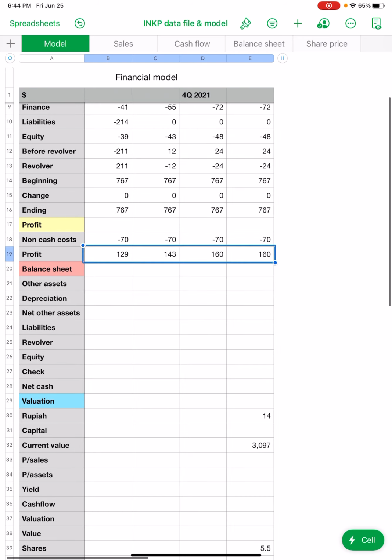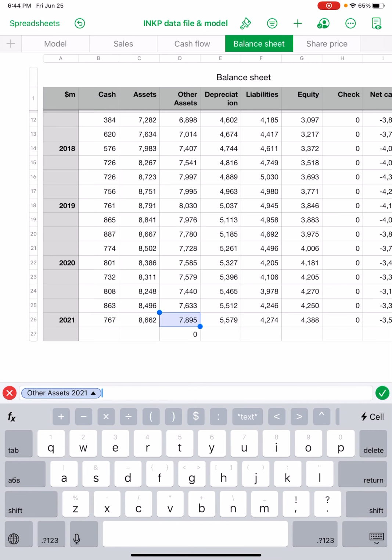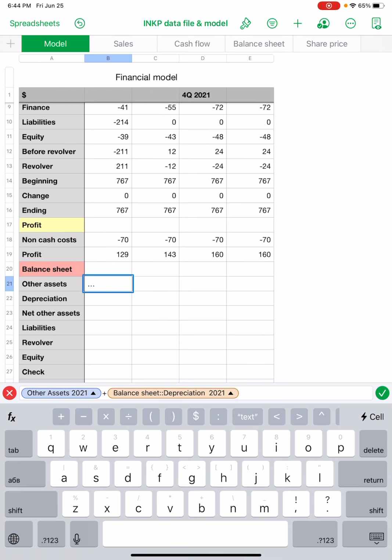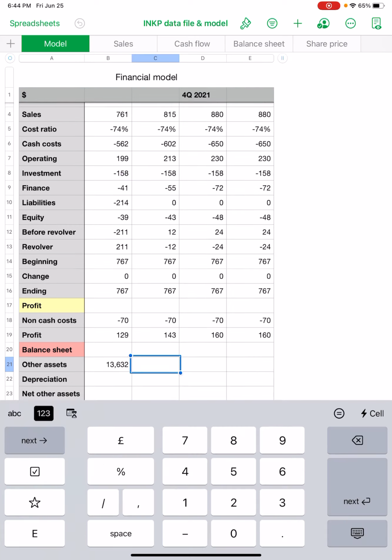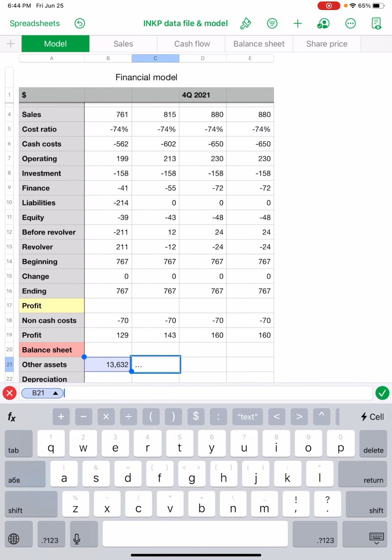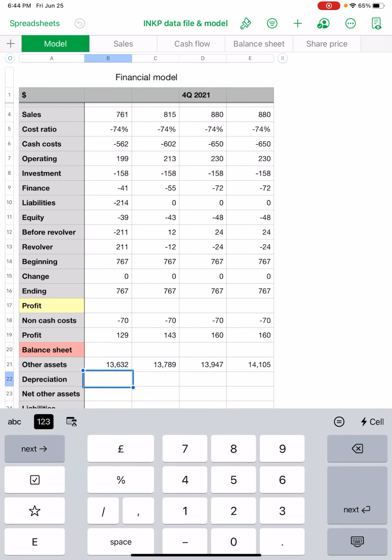So there we go. The other assets, we're now in the balance sheet. We're going to do gross, and then we're going to add the investment spending. So this one will add the investment spending, and we can drag that across.